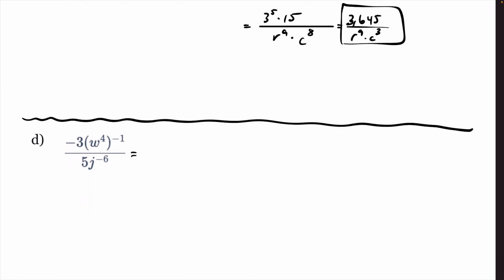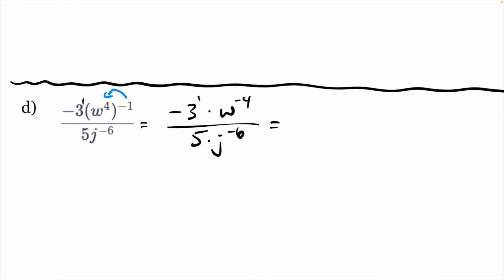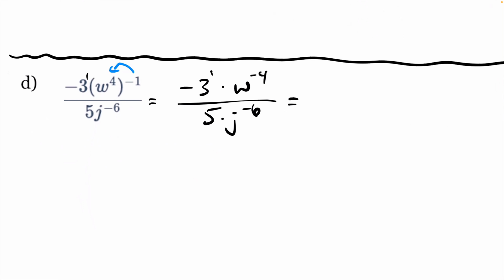Like I said, that negative power only goes with W. Negative 3 does have a power, but it's just 1. If you want to give it a 1 power, you can. You don't have to. So when I multiply it, it makes negative 4.